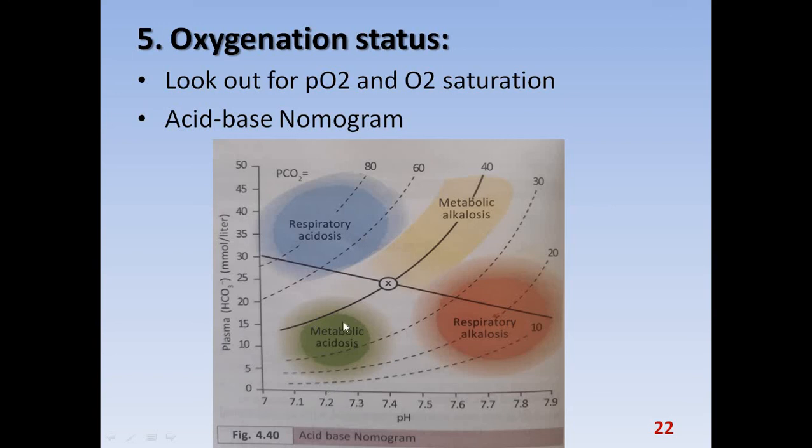In case of acidosis, usually the pH will be low, so it will be in this area. In metabolic acidosis, the plasma bicarbonate is low here. But in respiratory acidosis, the plasma bicarbonate is a little higher, on the higher side.